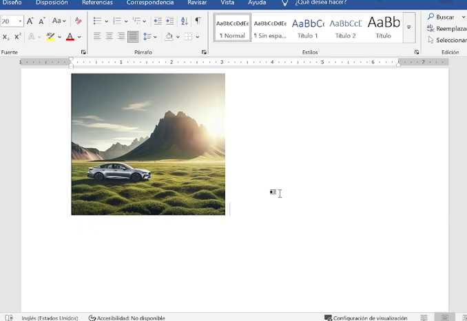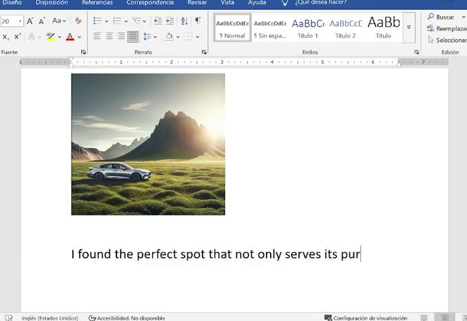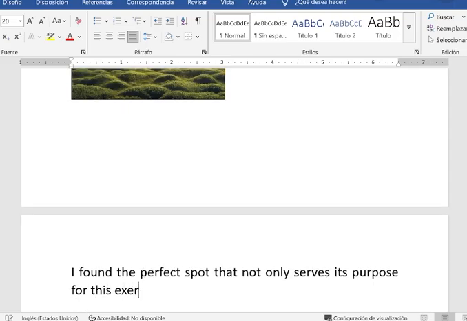So in this car, we have a flat land with some mountains in the backside. So I found the perfect spot that not only serves its purpose for this exercise, but also is comparable to the picture.